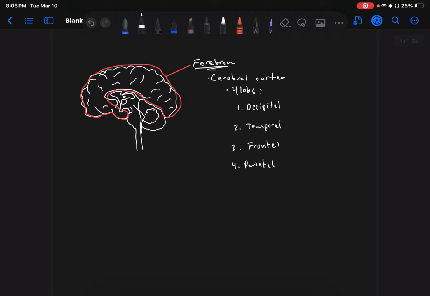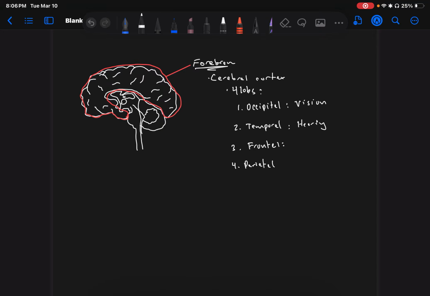So now just a brief word or two about what each one does. Occipital, like optometry. Occipital means you look, vision. Temporal, by your temples, by your ears, hearing.